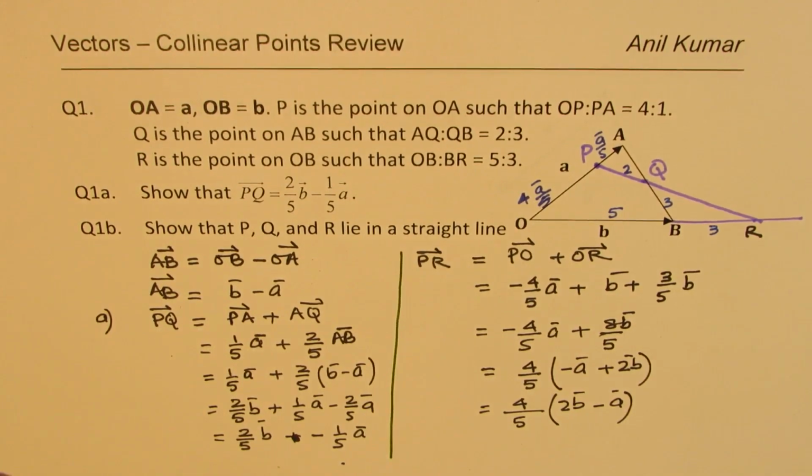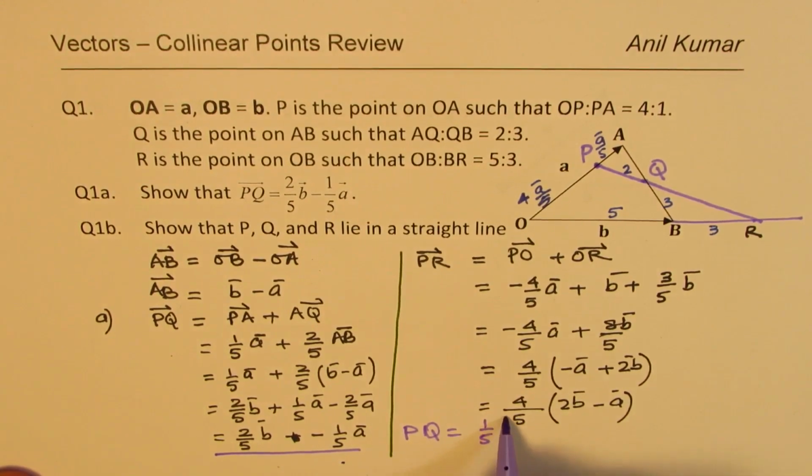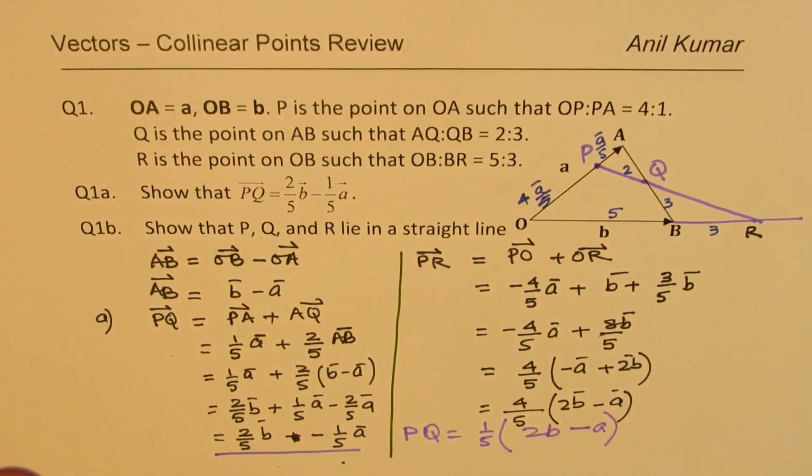Here, what we notice is PQ. I could get this in the factored form. I could factor 1 over 5, right? Then what do I get? I get 2B minus A. Correct?